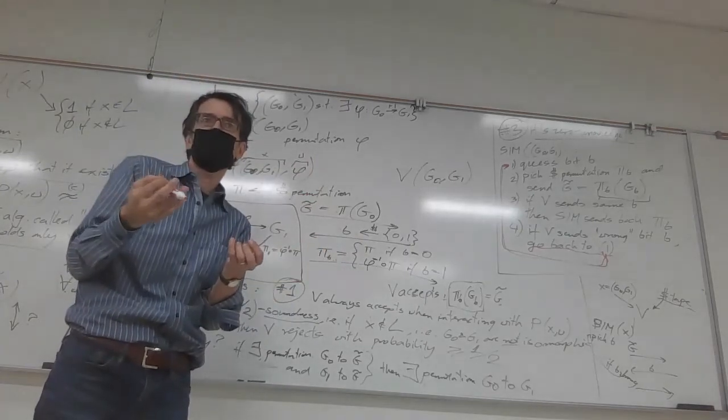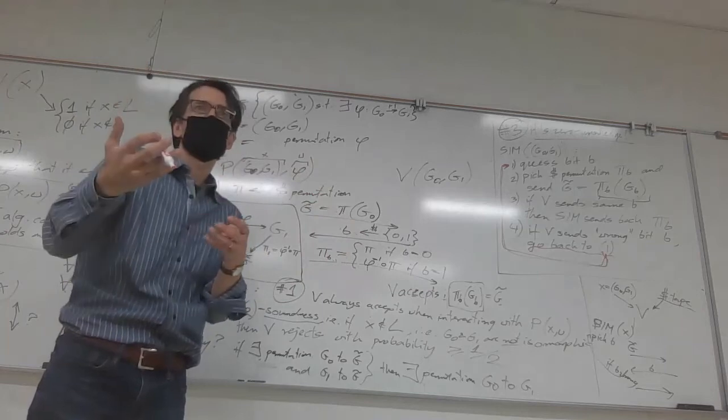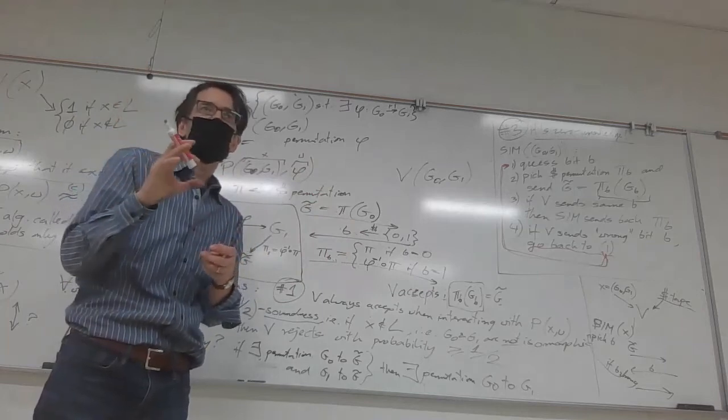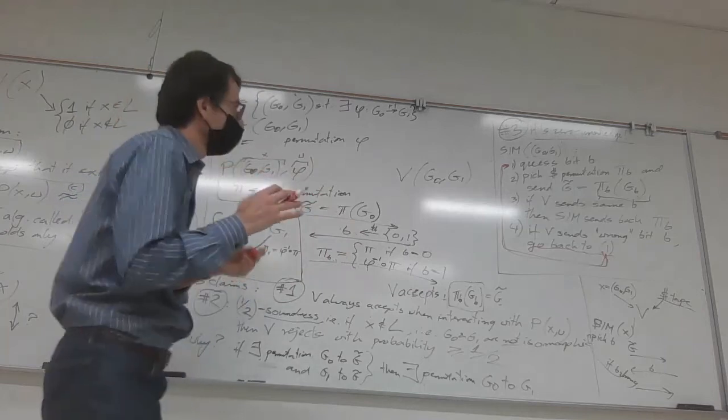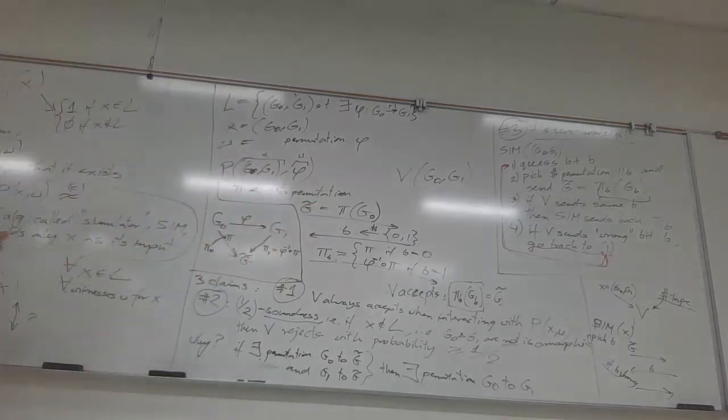There is no such thing in the real world, in a real interaction. But the distribution of this view can nevertheless be created by a machine that only has access to the input.